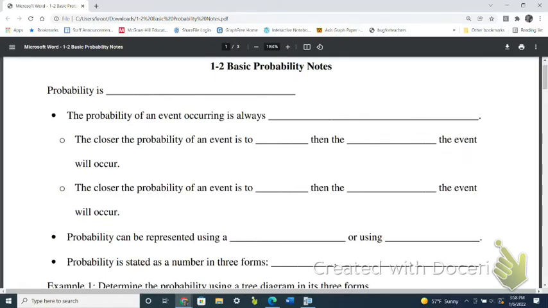Good morning. Today we're going to do 1-2 basic probability. Probability is the number of favorable outcomes divided by the number of possible outcomes.